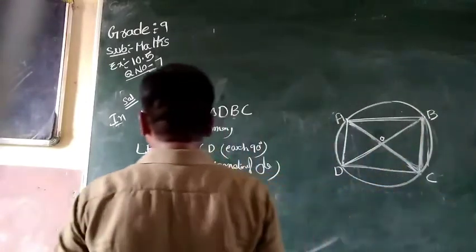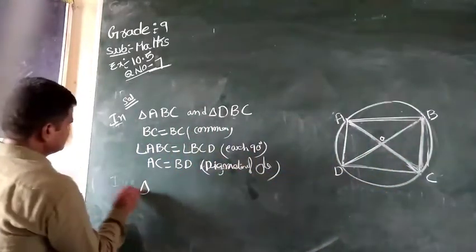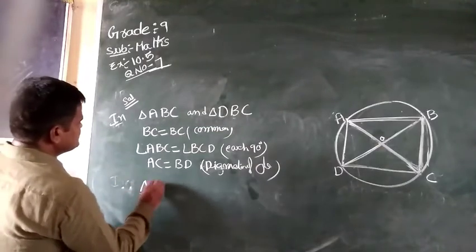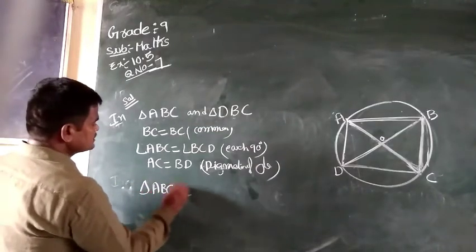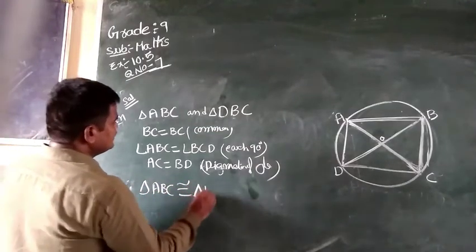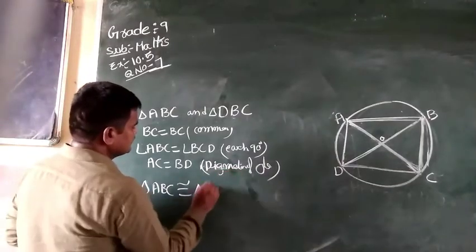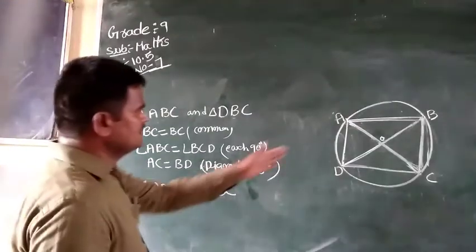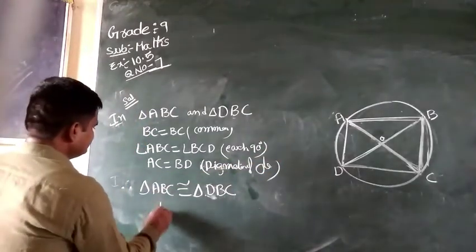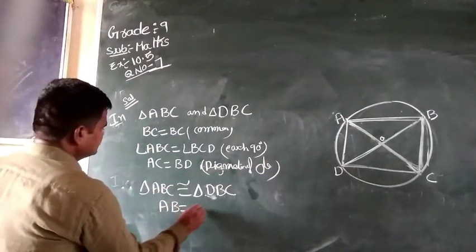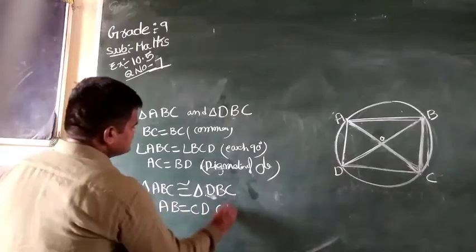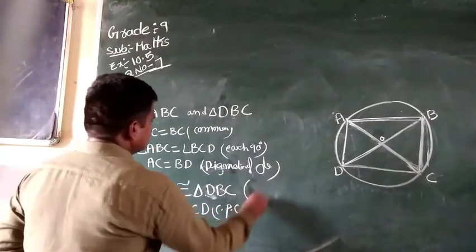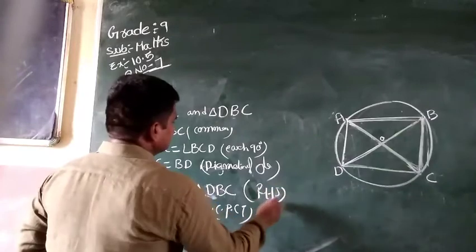Therefore triangle ABC is congruent to triangle DBC. These two triangles are congruent, so AB equals CD. This is the RHS congruency rule.